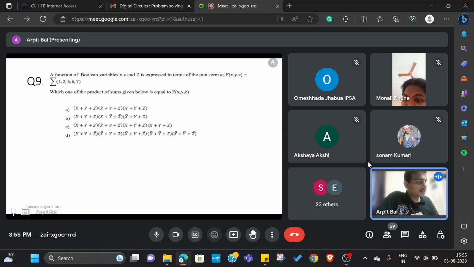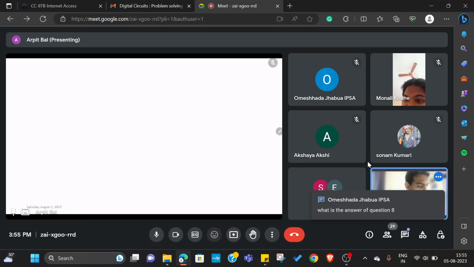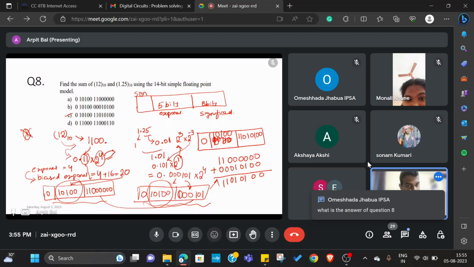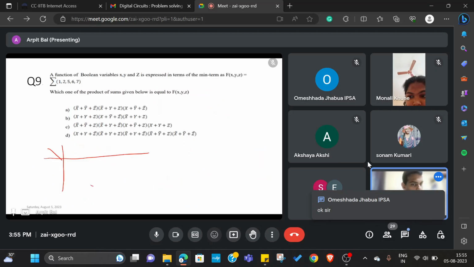For this question, we can construct a Karnaugh map again. What is the answer of question number 8? Option C.